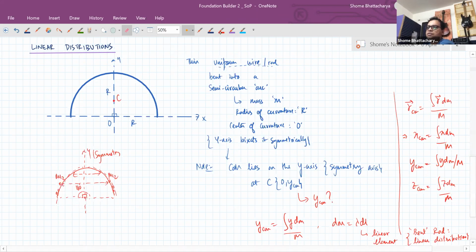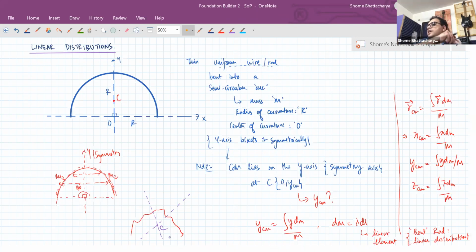Forget about this question for a moment. If I had some arbitrary shape like this, and I knew by some method that this is one axis of symmetry and this is another axis of symmetry, then I would be sure that the center of mass is here, because both axes of symmetry can only intersect at one point, which is the center of mass.